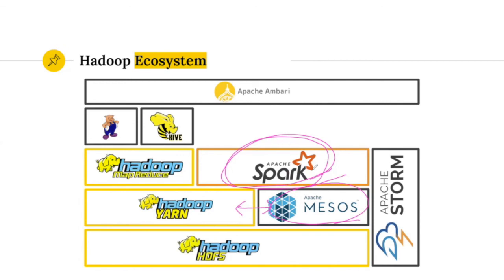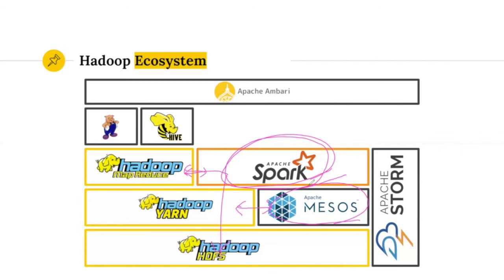And as you can see over here, Spark is sitting at the same level as MapReduce. What it does is it can interface with the Hadoop distributed file system, and then it can do basically what MapReduce can do, but with faster speed. And in my opinion, it's more convenient than MapReduce while doing the same thing.